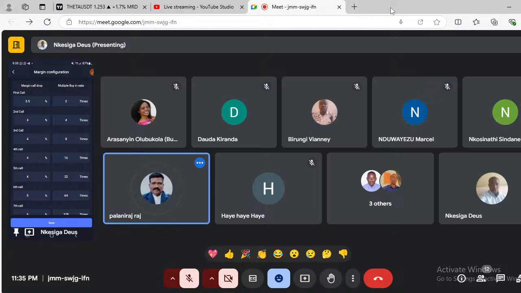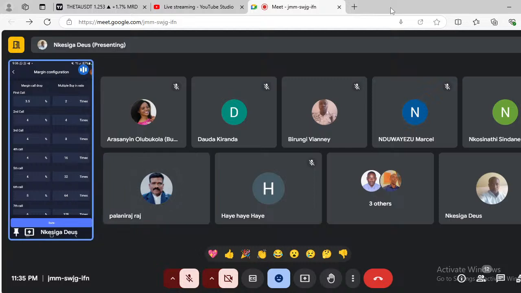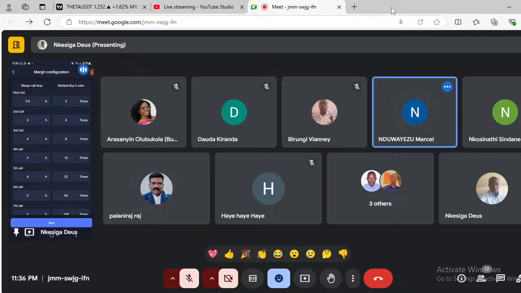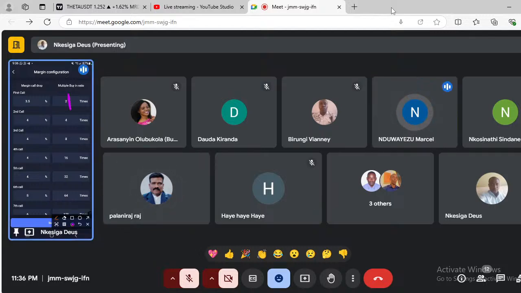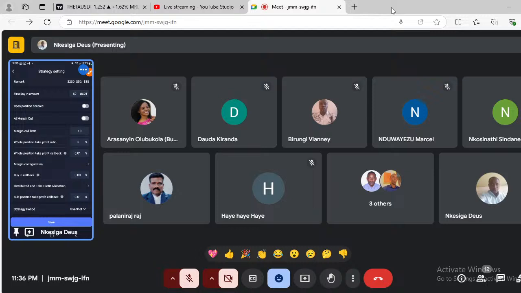Yeah. It can't be 1, ladies and gentlemen. 1 times. Meaning if I put 1, 0.3. If I put 1, it means I'm instructing the robot to use 50 because our first buy is 50. Oh, okay.